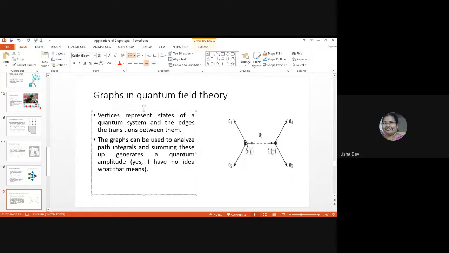Just see here, from here to there alone, the information flows. These quantum graphs can be used to analyze your path integrals, and you can do some summation under this path integrals, and that will generate a quantum amplitude.